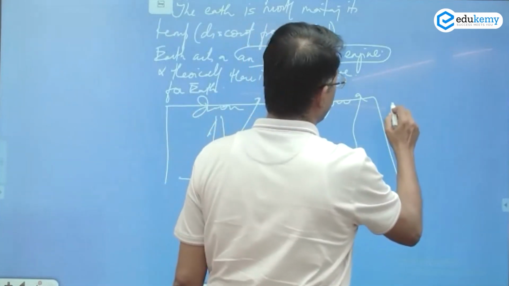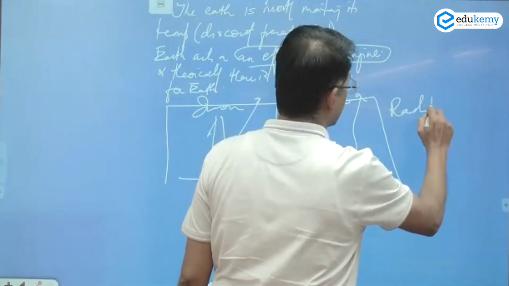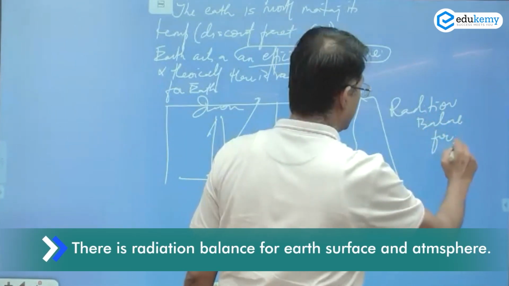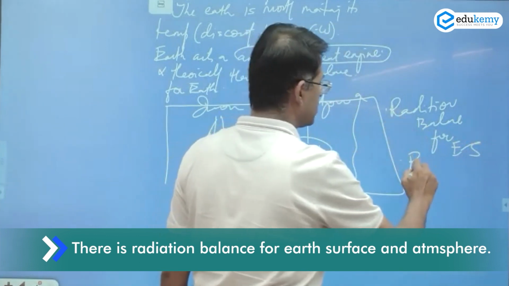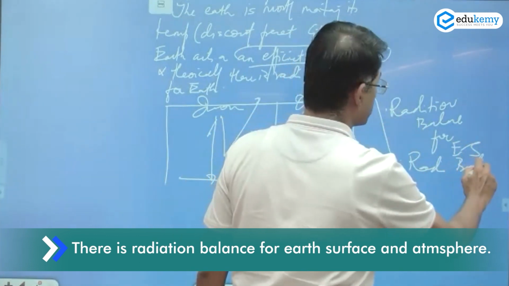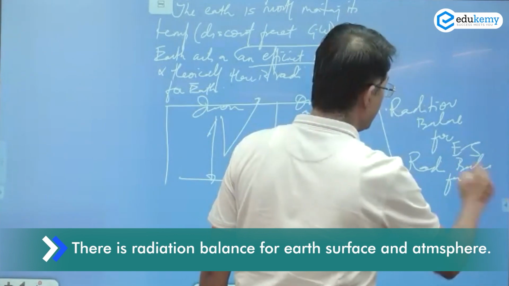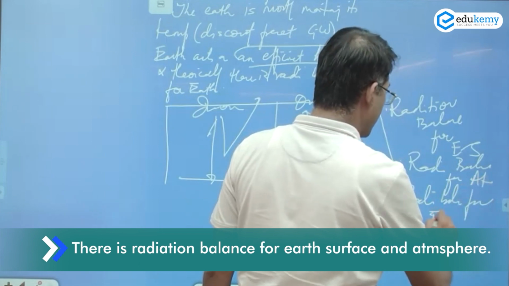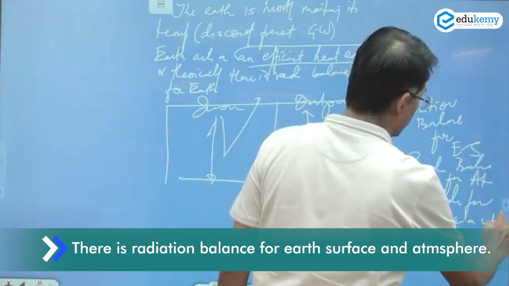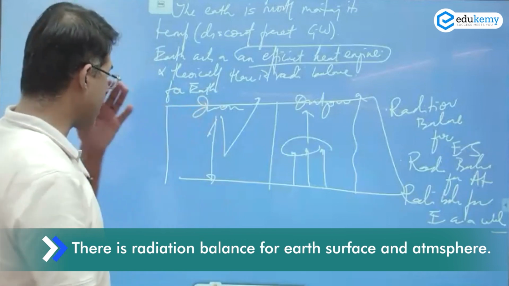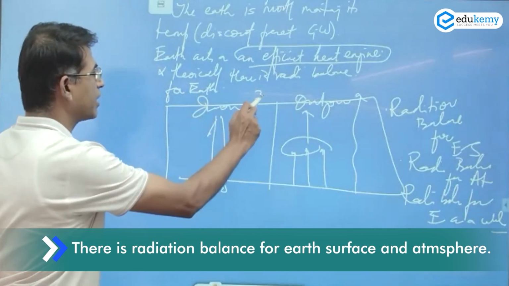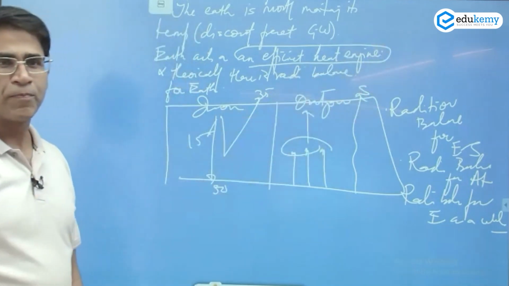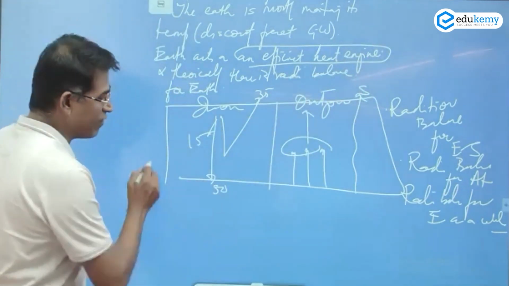So there is radiation balance for Earth's surface, there is radiation balance for the atmosphere, and there is radiation balance for Earth as a whole. Put this in a diagram, put the figures here, 50 here, 35 here, 15 here. You know the values here, you can do this.